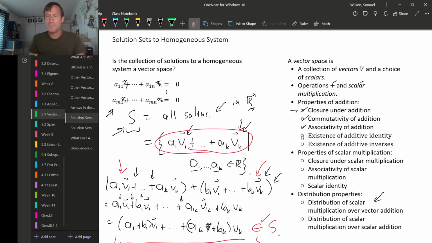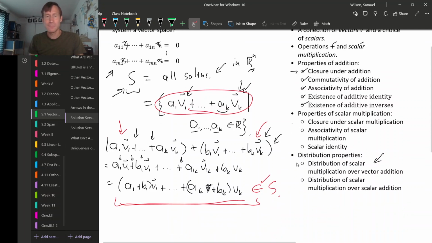So we do have a zero vector in our collection. Do we have additive inverses? Well, yeah. Since any choice of coefficients here gives you a solution, you can also flip the signs to make the negative choices. So that gives you an additive inverse. Closure under scalar multiplication, that's worth checking.